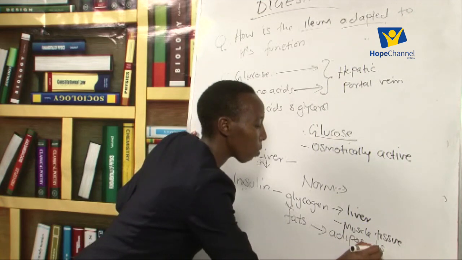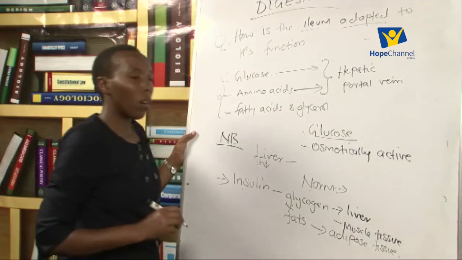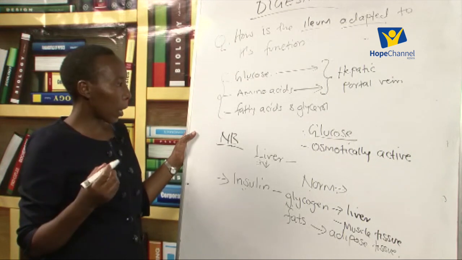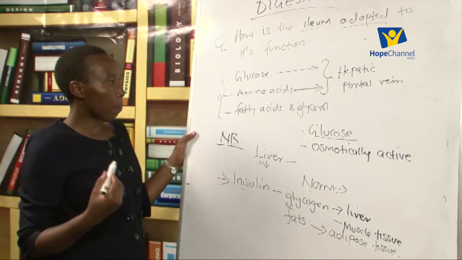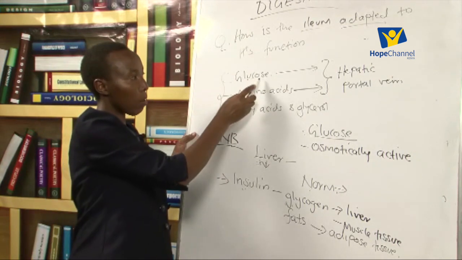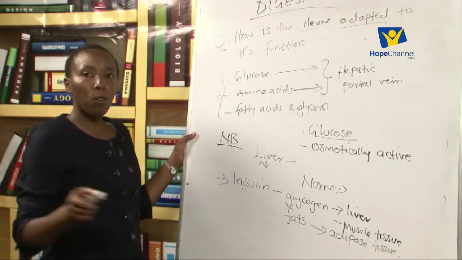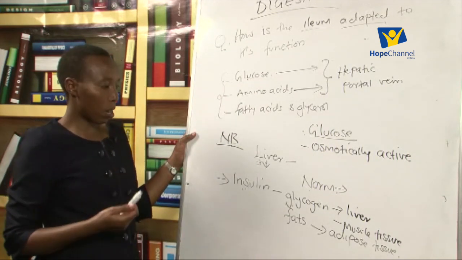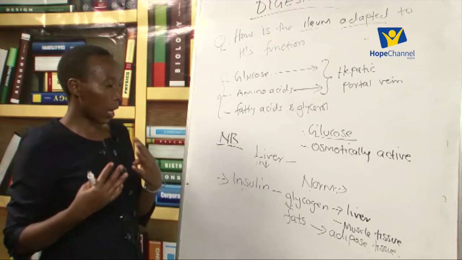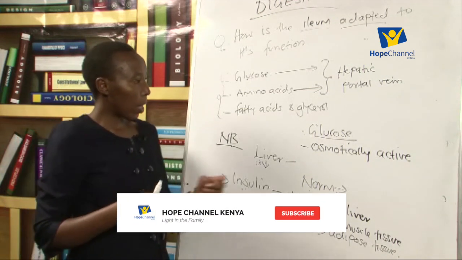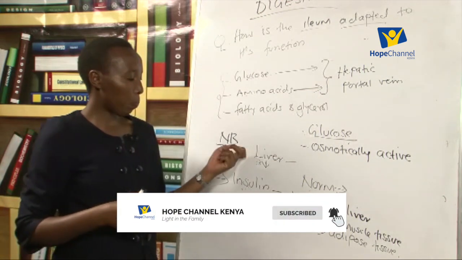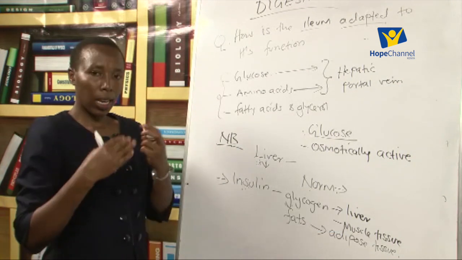Remember, I'm just explaining why immediately after absorption, glucose must pass through the liver before it joins the whole bloodstream. So I hope you are now understanding why glucose must pass through the liver, so that the excess can be regulated.